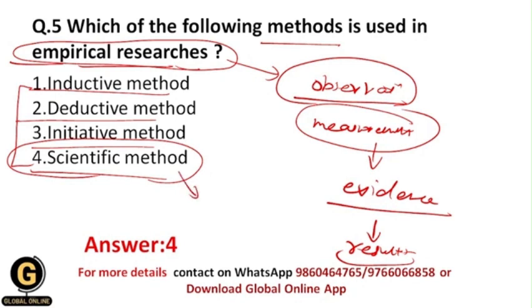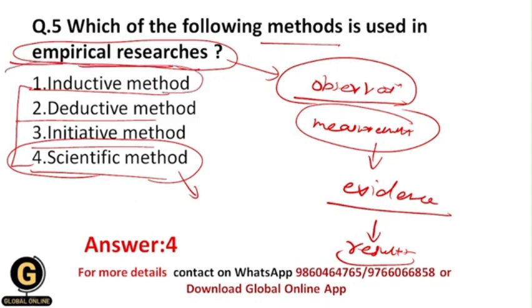Because the scientific method is the method which we follow everywhere whenever we want to do research, because within the scientific method there are lots of systematic steps, one by one, and we follow those steps whenever we do research, and these steps are based upon empirical approaches, and that's why within empirical researches the scientific method is used.